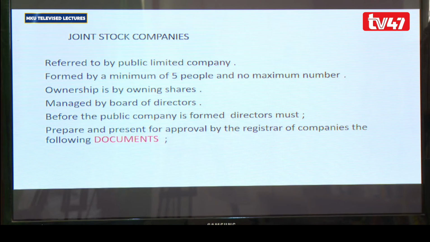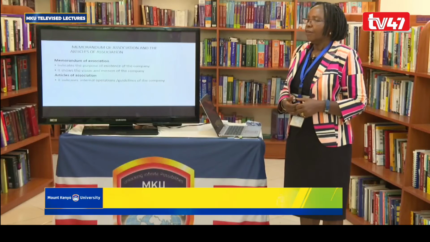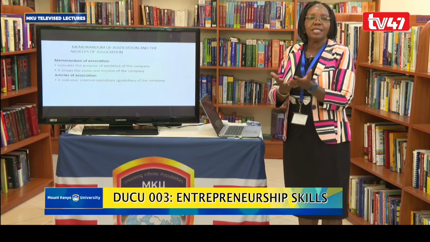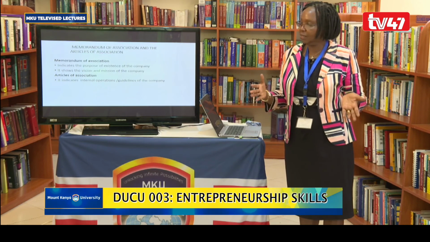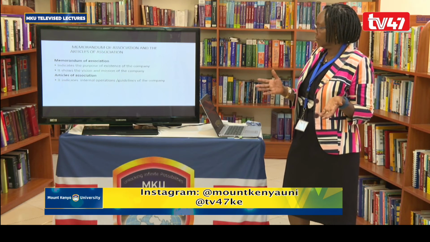This memorandum of association tells the world about the vision and the mission of this company. It tells the world what the purpose of their existence is. For example, if they are doing banking, they must come out clear and tell everybody that this is our mandate. They do that in the memorandum of association.